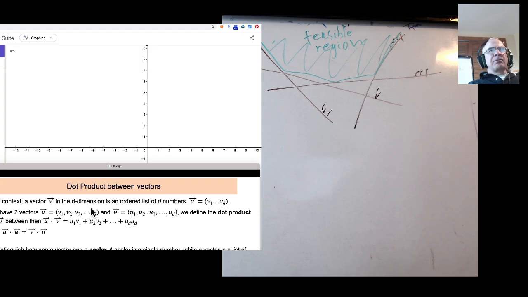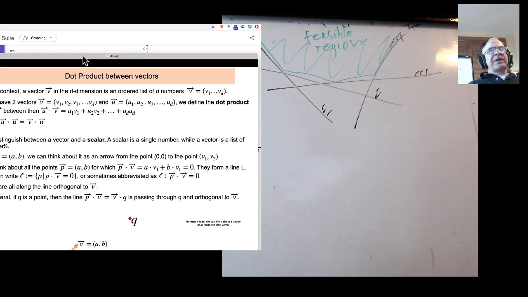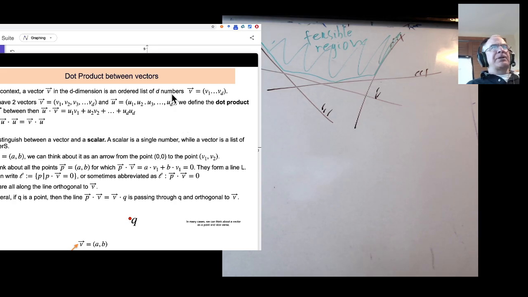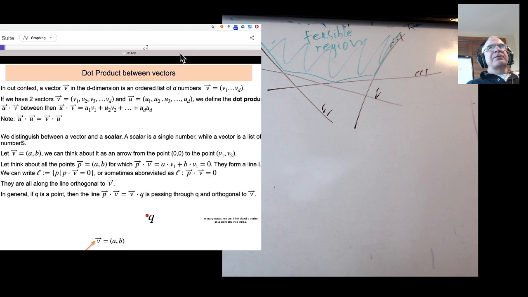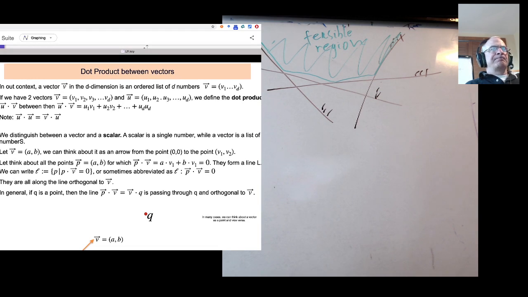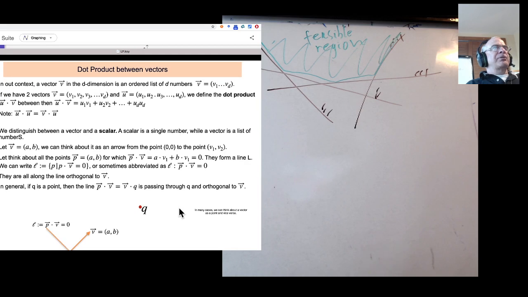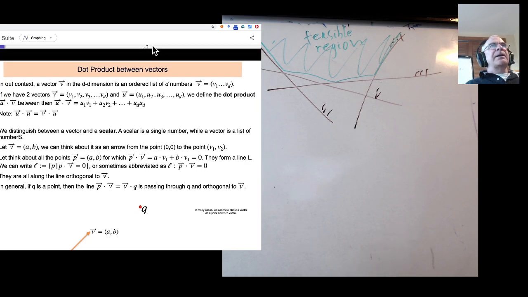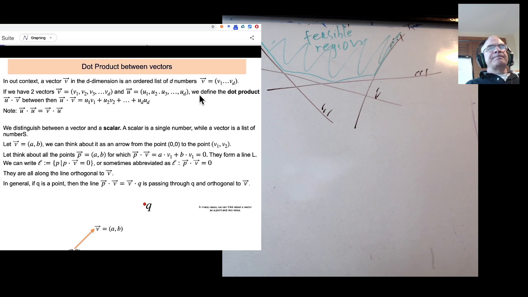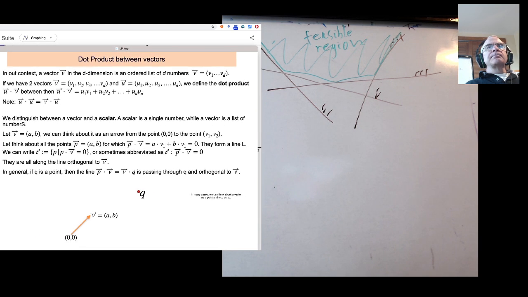vectors. A vector in my setting has a severe case of multiple personalities. We can think about a vector as many different things. To start with, I'll think about a vector as a d-dimensional list of numbers.